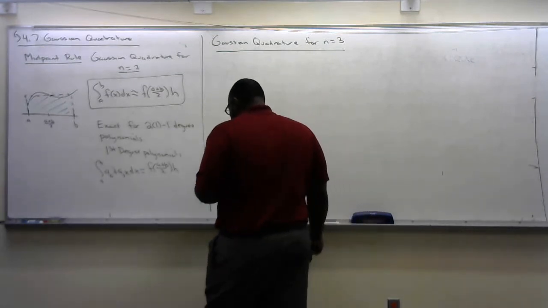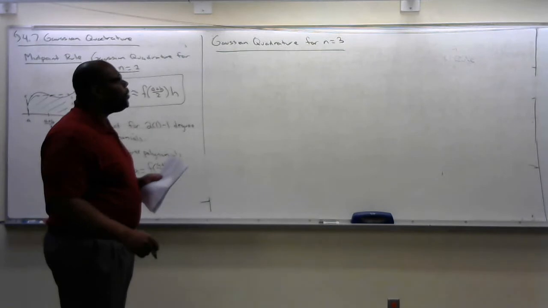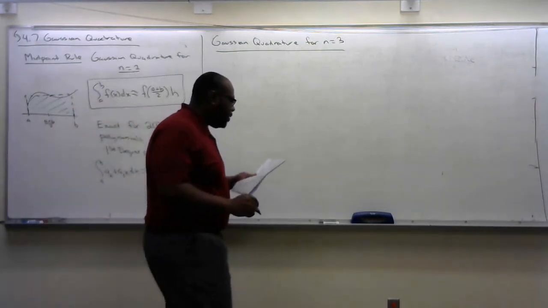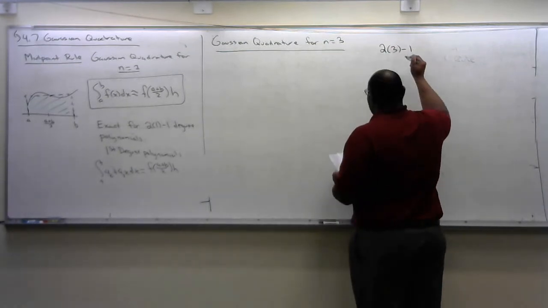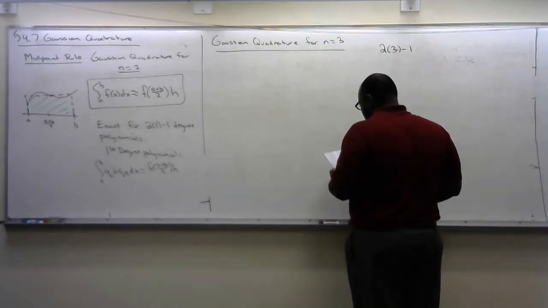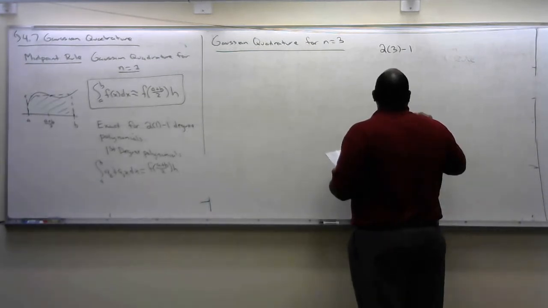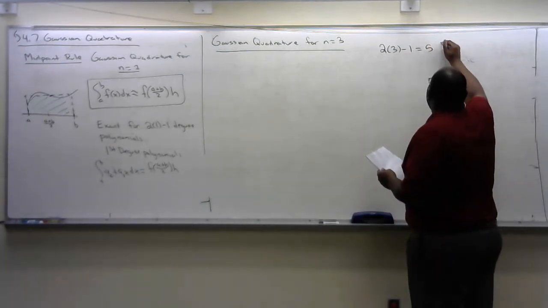And so if n is equal to 3, what's the degree of the polynomial that you can exactly approximate? That would be 2 times 3 minus 1, and that's going to be 5. So 5 degrees.